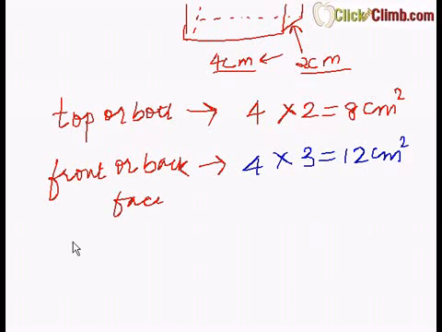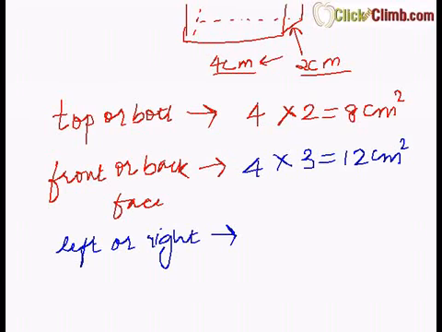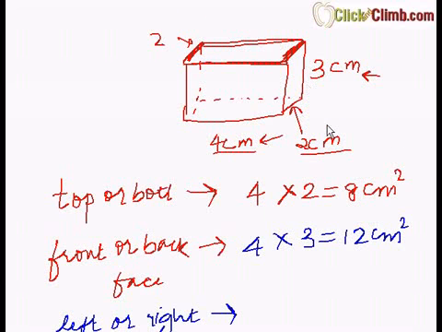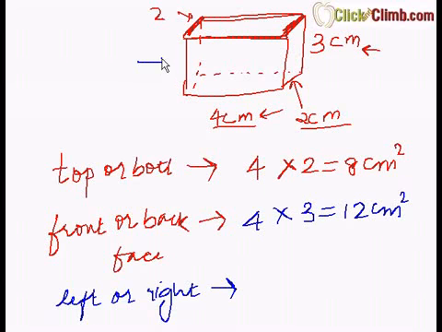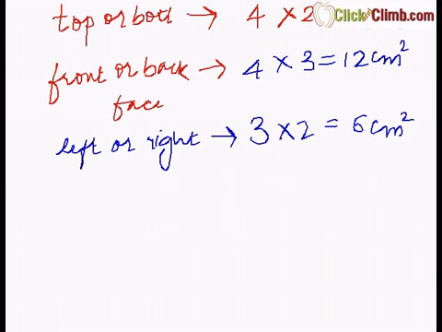Alright, now the last one, we find the left or the right face. So the area of the left or the right face will be 3 and 2. Okay, we are talking about this face and this face. That will be 3 times 2, and that will give us 6 centimeters squared. So we got all these three areas, the top or the bottom, front or back, and left and right.